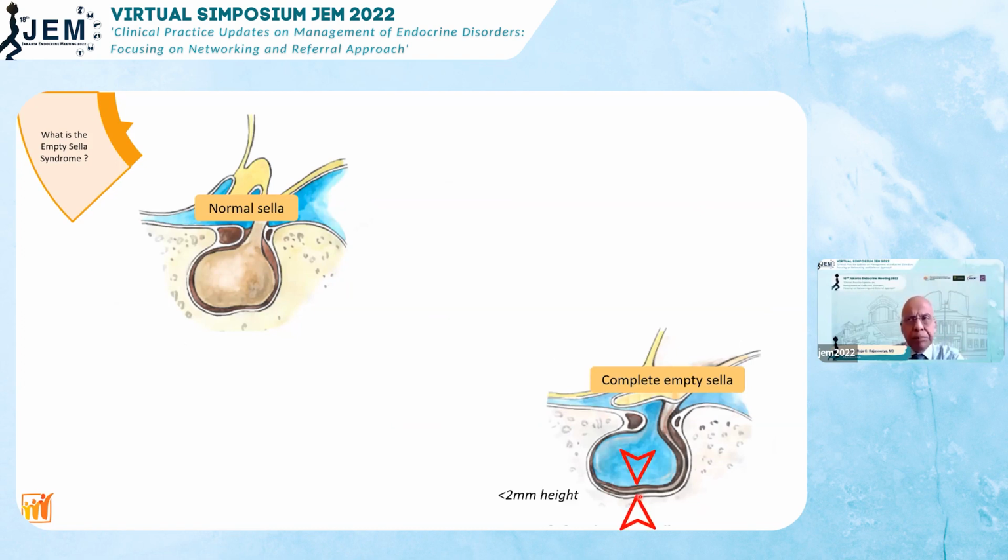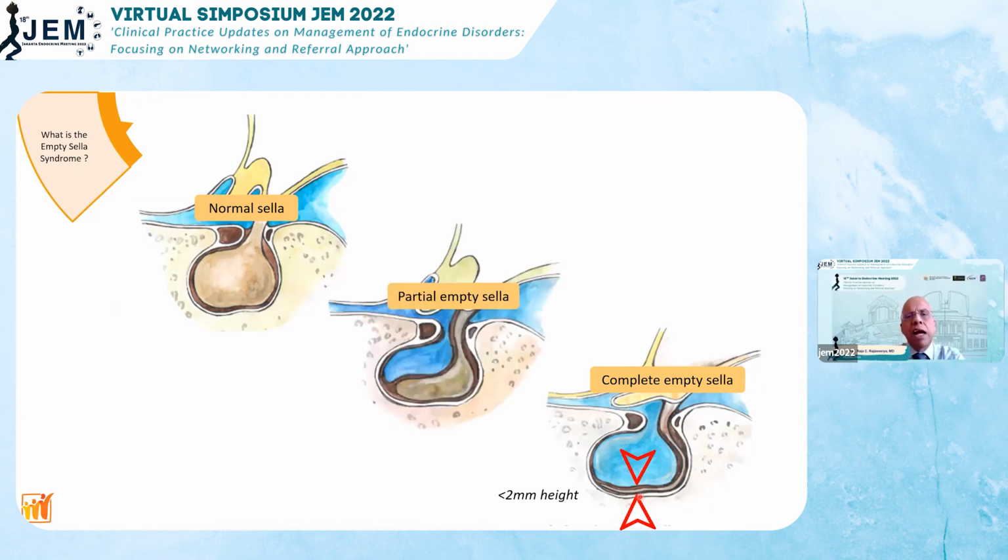If the height of the pituitary is less than 2 millimeters, we tend to call it complete empty sella. And if it is between 3 to 4 millimeters, we call it partial empty sella. A recent study from India actually showed the pituitary height to vary between 5.3 to 5.8 millimeters.